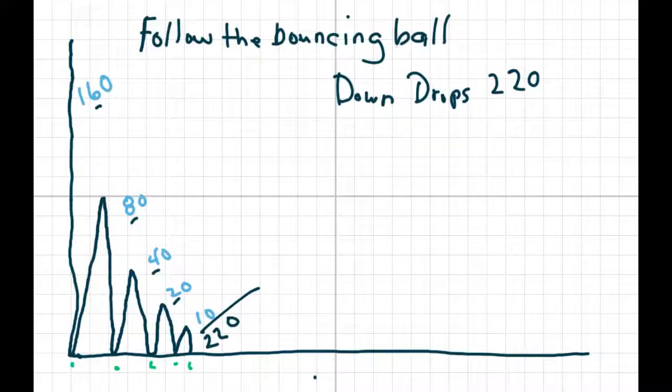Okay. The thing said the vertical height. So now we have to add the up bounces. So we know that the first bounce was a drop. We don't count that. The second up bounce was 80. Then 40. Then 20. And then, well, actually, we're going to have to do this again, aren't we?